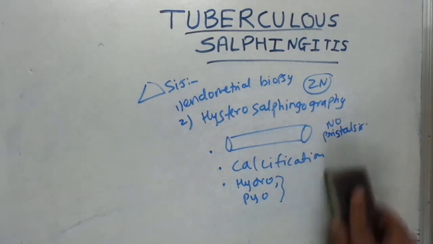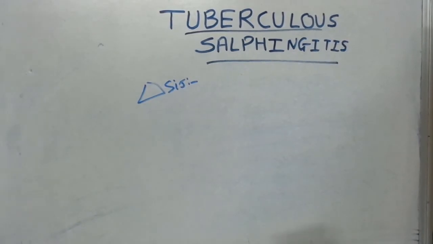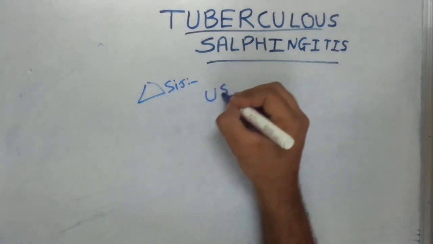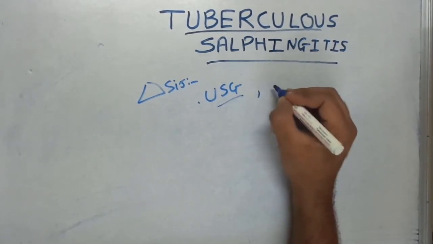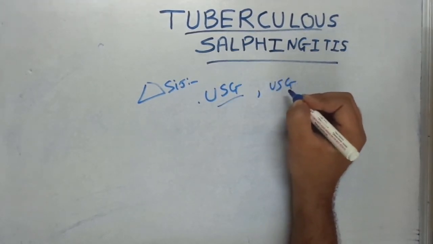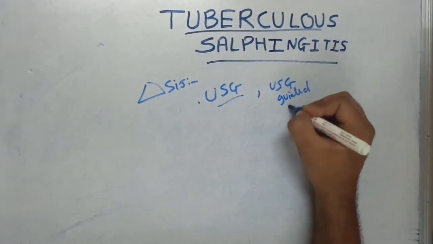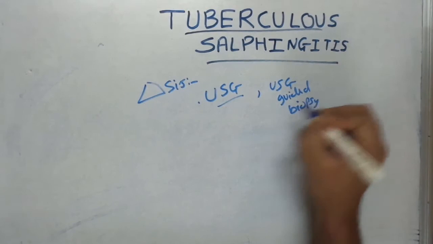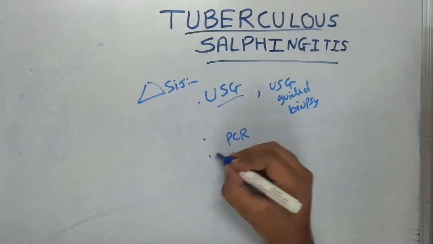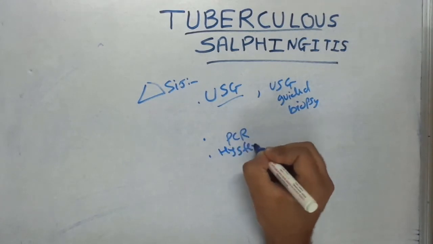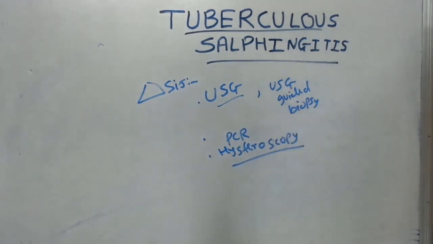Now, other diagnostic modalities we can use. Ultrasonography. Also, ultrasonography can be used as USG guided biopsy. Then PCR, hysteroscopy, the endoscope inserted into the uterus.